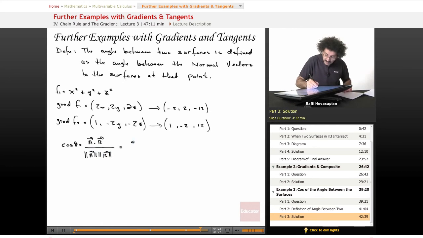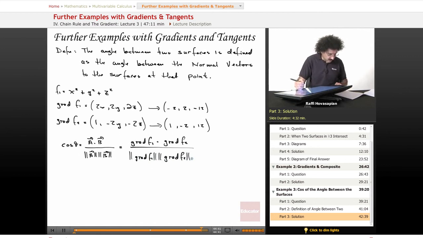We have the gradient of f1 dotted with the gradient of f2, divided by the norm of the gradient of f1 times the norm of the gradient of f2. Look at all that notation. The gradient of f1 dotted with the gradient of f2 is minus 2, 2 times minus 2 is minus 4, and 12 times minus 12 is minus 144.